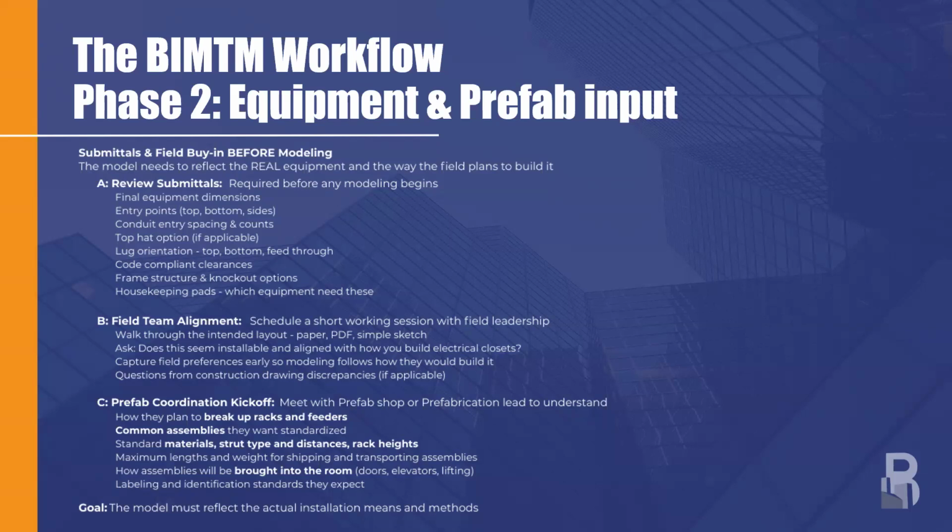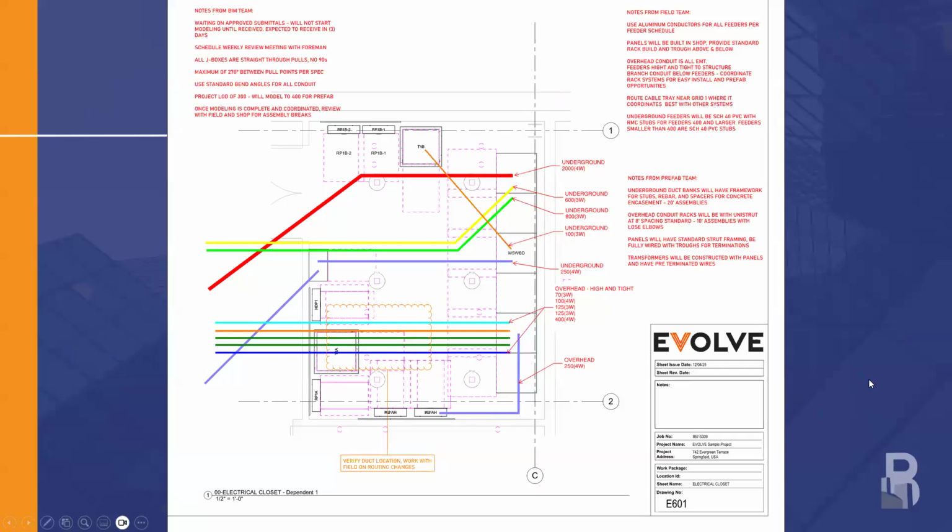The goal of phase 2 here is to have the model reflect real world conditions: actual equipment, material types, sizes, locations, means, and methods. In the equipment and prefab input phase, we want to sit down with our field team and the prefab team, and have the BIM project lead involved, so we can look at the construction documentation.